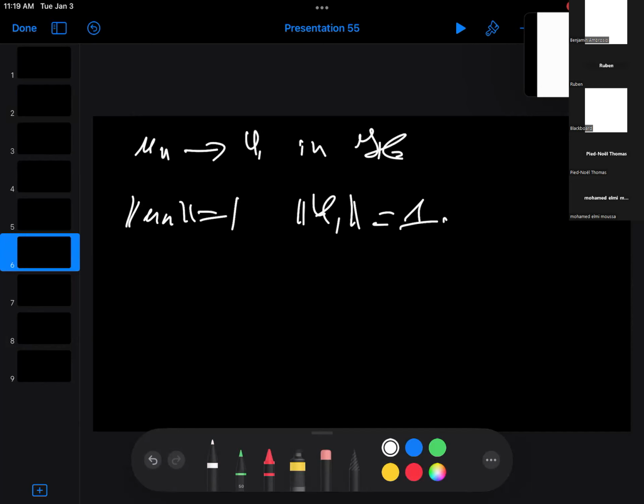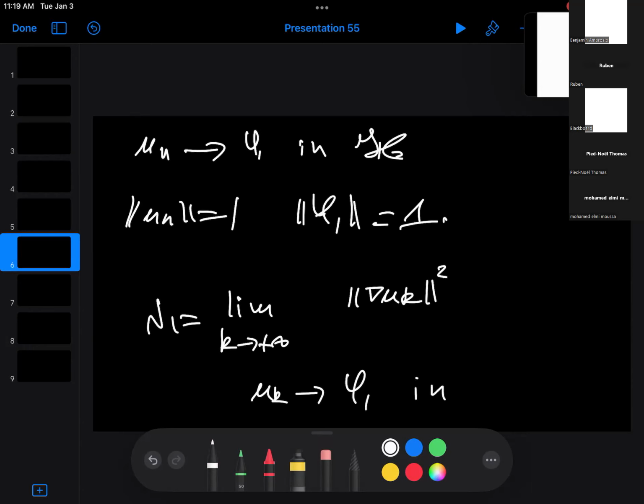All right. So what we would like to have is that, so I recall that lambda 1 is the limit as k goes to infinity of, so sorry, it's that, but uk, so now is a subsequence, but uk converges to some phi1 in L2.